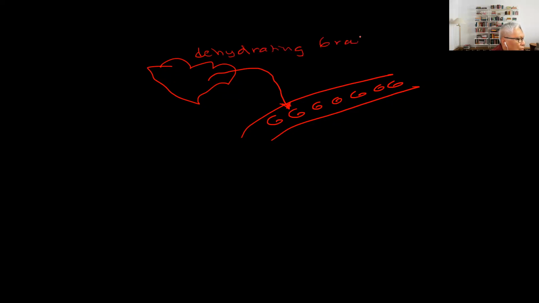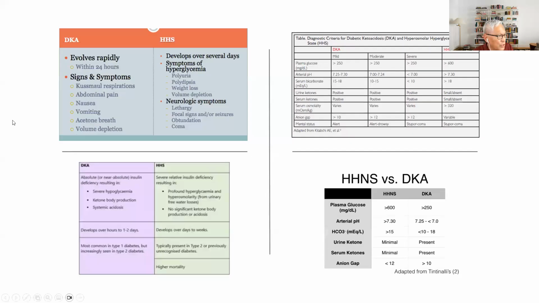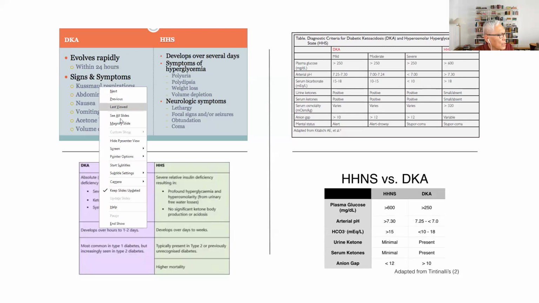Thus, because of a lot of glucose in the blood vessel, you are going to cause neurological symptoms of brain crenation. Crenation is when you dehydrate the brain cells. Okay, so that is the explanation of the neurological symptoms associated with patients who have HHS.